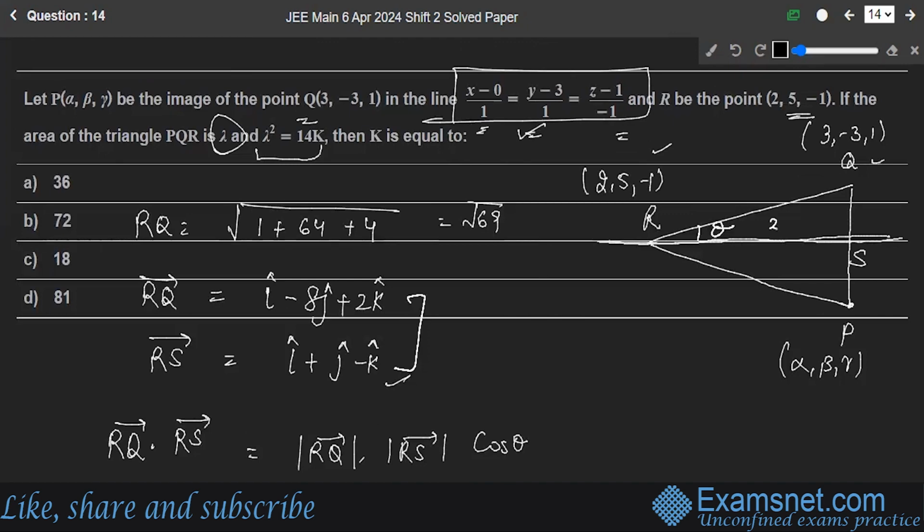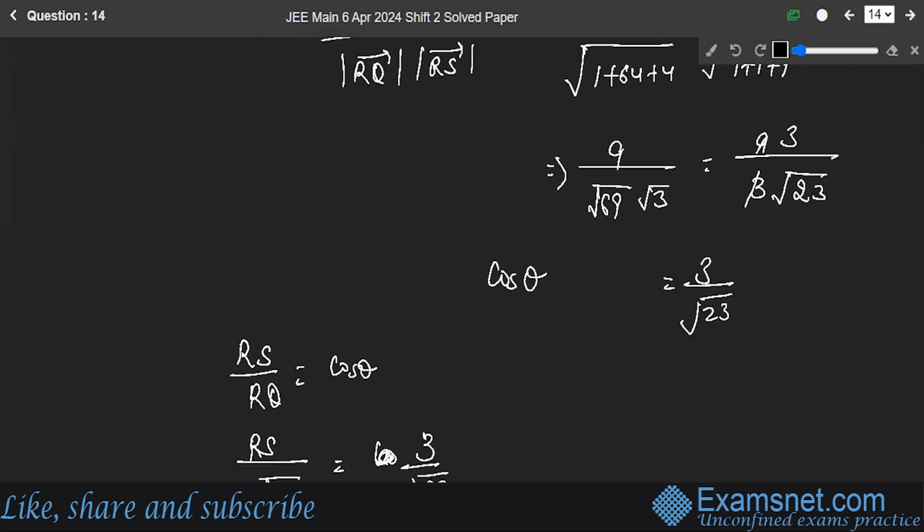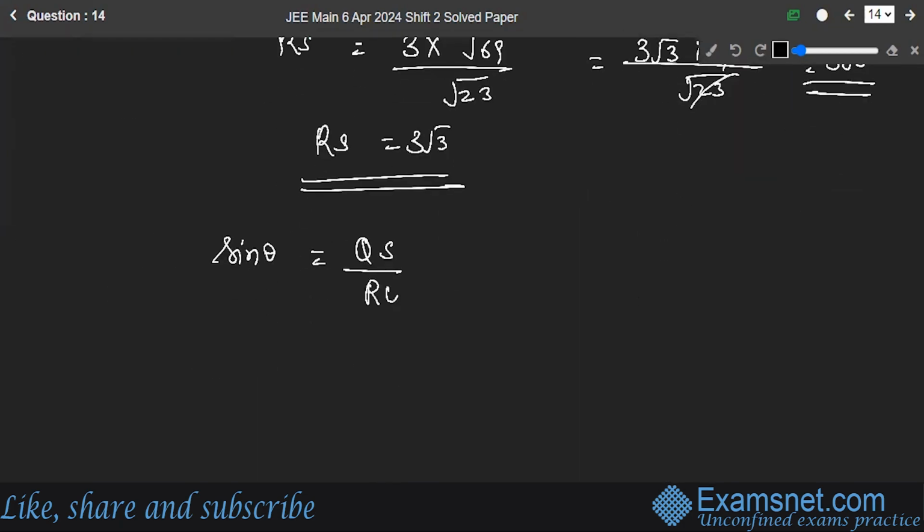Okay. Now let's find out this QS also. I got the RS, this is 3 root 3. See, what I need to find out is the area of the triangle. For that, I need the base and the height. Let's find QS now. Sine theta will be given by QS upon RQ.